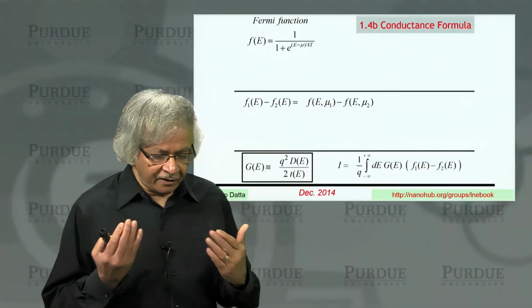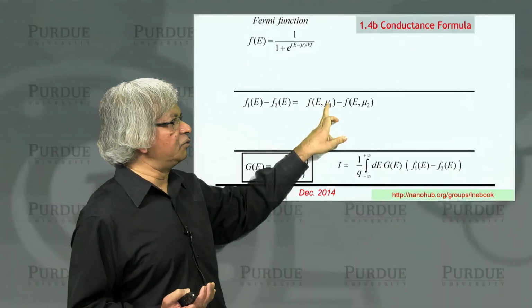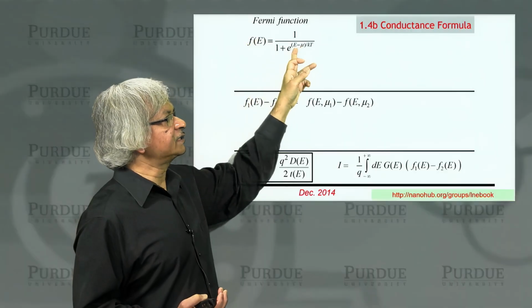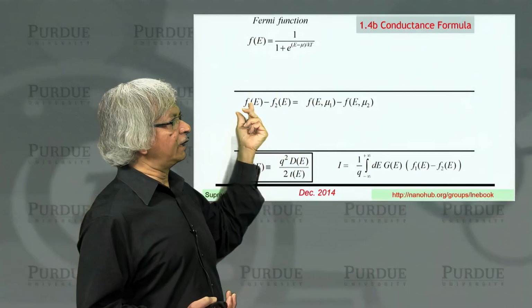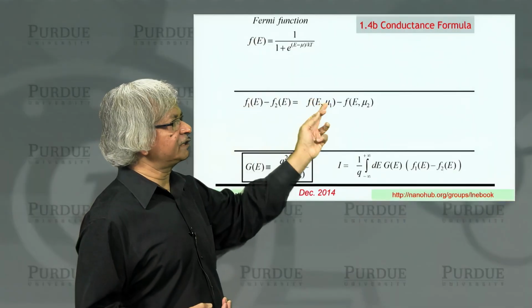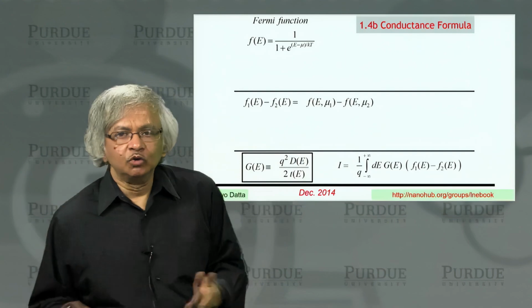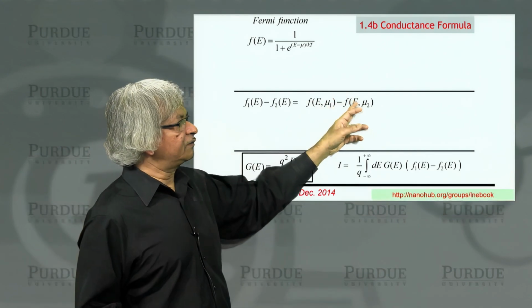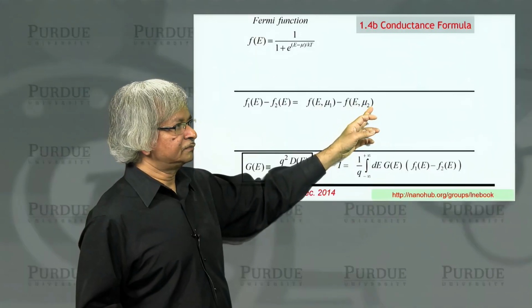Well, basically F1 is the Fermi function in contact 1, which depends on mu1, because the Fermi function, as you can see, depends on mu. So we could think of F1 as the Fermi function with E comma mu1, as if it's a function of two variables, E and mu1. And the F2 you could think of as E comma mu2.